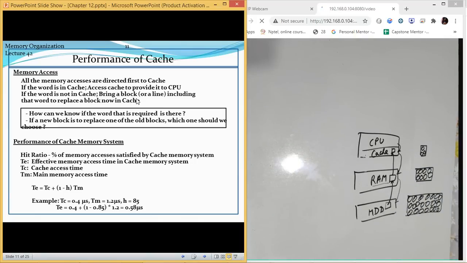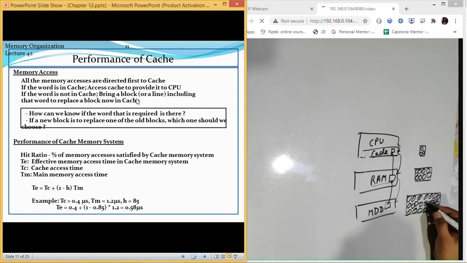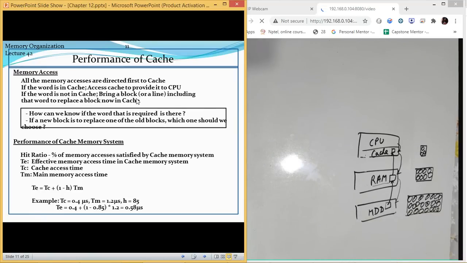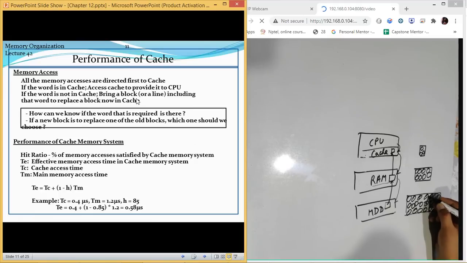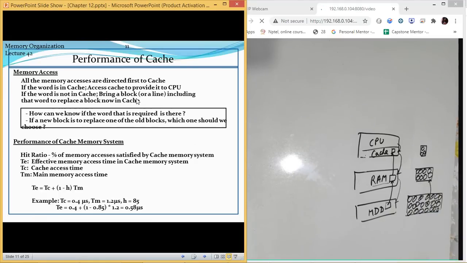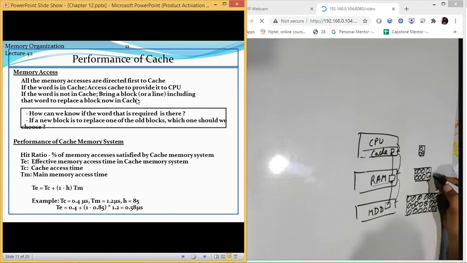Now, what should we do if we are moving some data and the destination is already filled? Just assume that this is some data which we have. I want to shift this content to this place and it is already filled. So we have certain data stored already. We need to replace this data with the new data. The new data is A at this place.